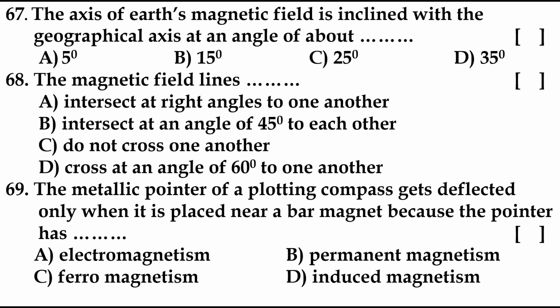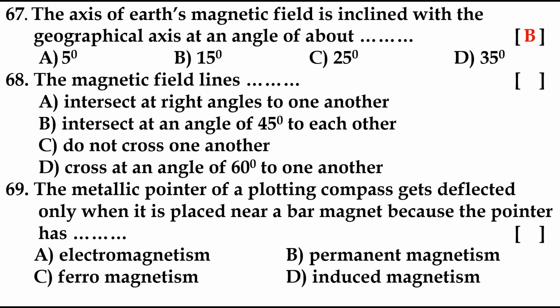67. The axis of Earth's magnetic field is inclined with the geographical axis at an angle of about dash. A. 5 degrees, B. 15 degrees, C. 25 degrees, D. 35 degrees. Answer is option B. 15 degrees. 68. The magnetic field lines dash.